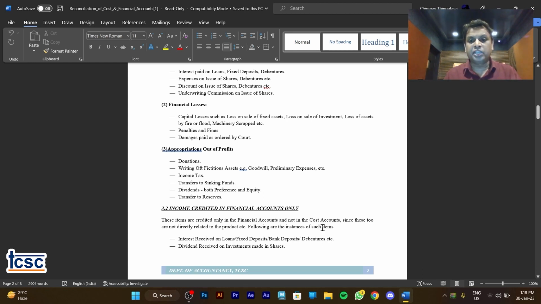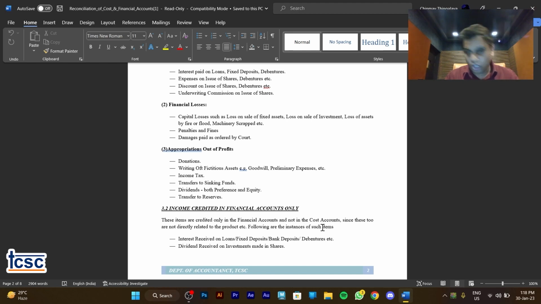Notional income and notional expenses are part of the cost sheet or cost book, but these items are not part of the finance book. Apart from that, there may be a possibility of over absorption and under absorption of overheads. Over absorption and under absorption mean the two books are going to give me two different figures of overheads. Overheads means indirect expenses. Apart from that, interest paid is a finance expense; it appears in the finance book but does not appear in the cost book.